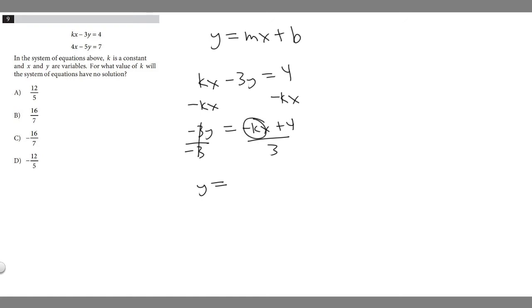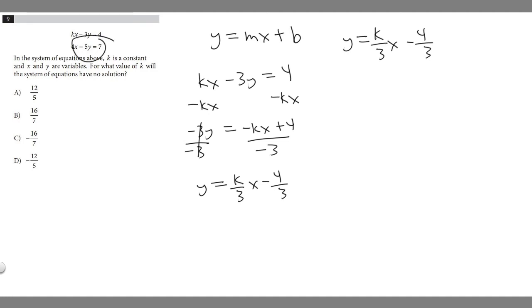So minus k divided by minus 3. I forgot the minus. And so minus k divided by minus 3 is just going to be k over 3. And then we multiply by x. And then 4 divided by minus 3 is just minus 4 over 3. So this is going to be the first equation written in that form. So let's write it up here. So y equals k over 3 x minus 4 over 3.